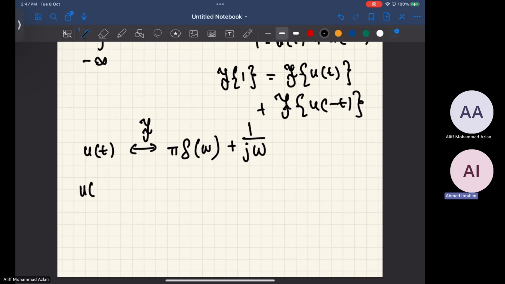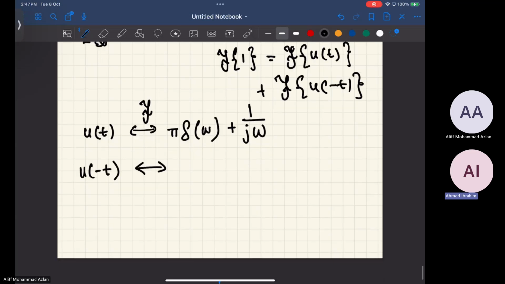We'll also need to figure out the Fourier transform of u of minus t. Now, to do that, we'll need to apply a property called scaling. Or we don't even need to use a scaling property.